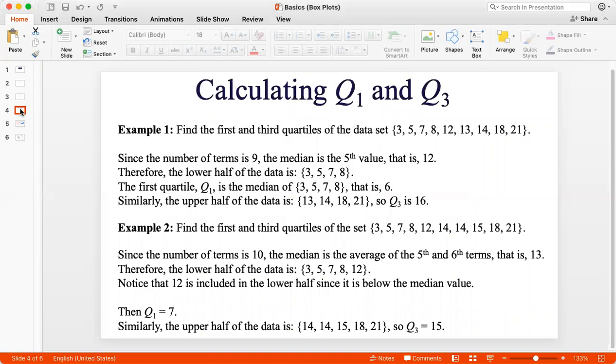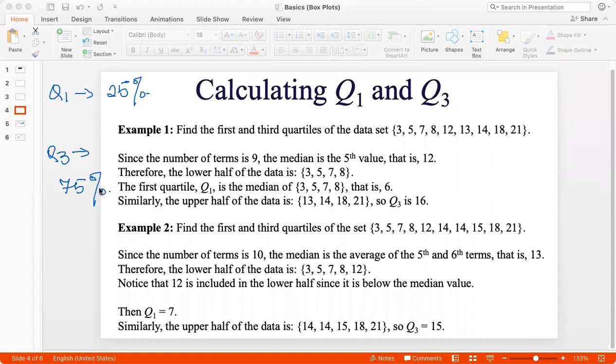Now, we already know the lowest value, the largest value, and the median. That's pretty straightforward. So how do we calculate the first quartile, which indicates 25% of values from 0 to Q1, and the third quartile, which if you go from 0 to Q3 is 75% of the values, right?